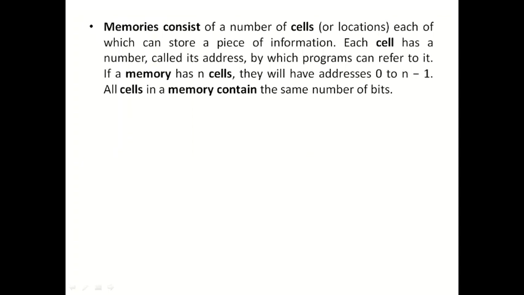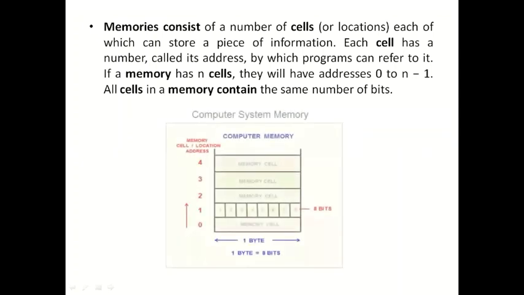All cells in a memory contain the same number of bits. It means the size of every location is the same. This is clear from this diagram, a pictorial representation of computer system memory, which is divided into different cells and their addresses vary from 0 to n minus 1.